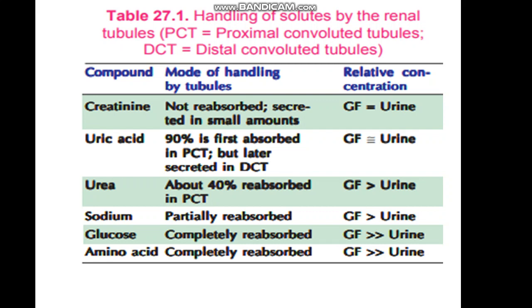About 40% is reabsorbed by the tubules. So when we do the clearance test with urea, the value comes lower than what it should be. But with creatinine, the value comes to be what it should be, because it is neither reabsorbed nor secreted in the tubules. It is filtered by the glomeruli and excreted as such.